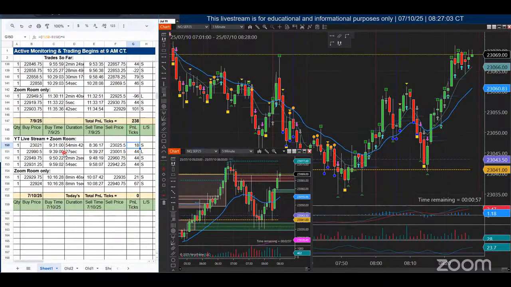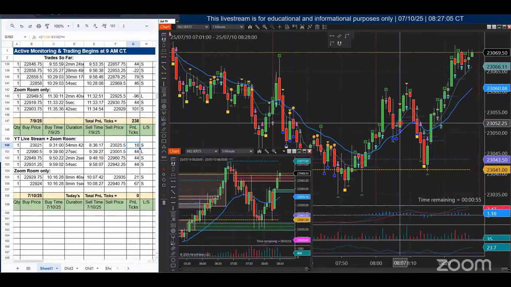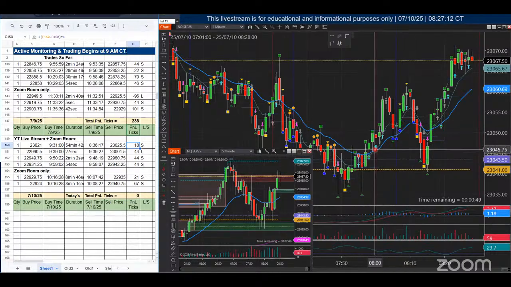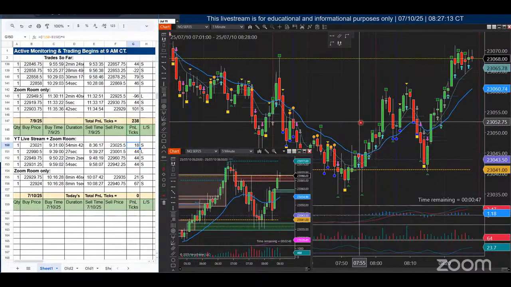But the rest of the setups were mostly the clean break of structure and liquidity, and in some cases just break of structure.